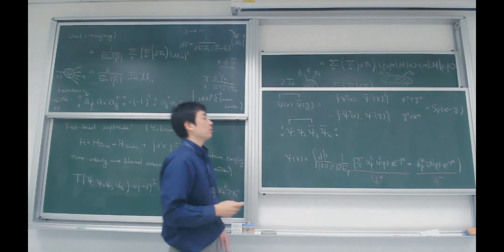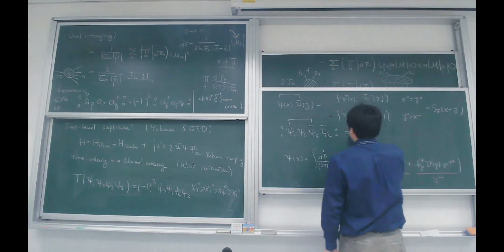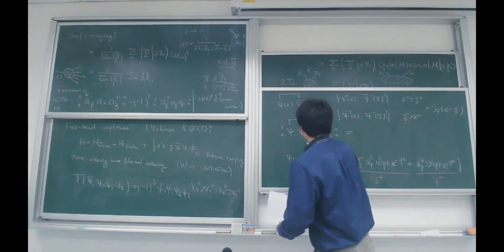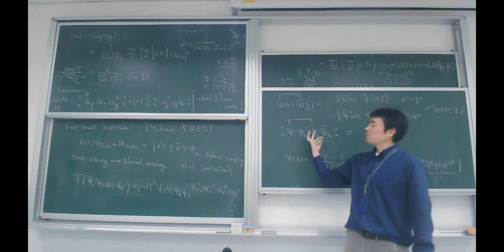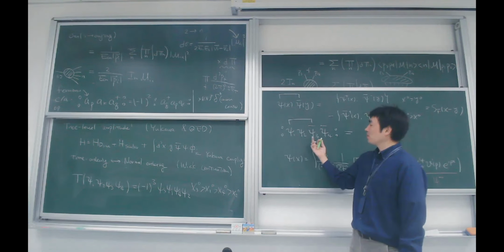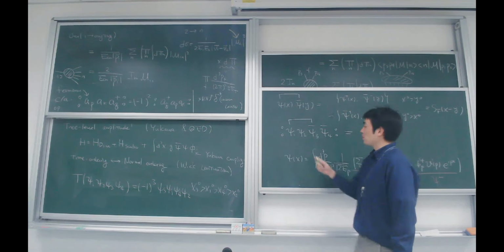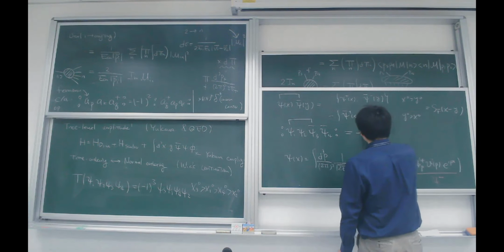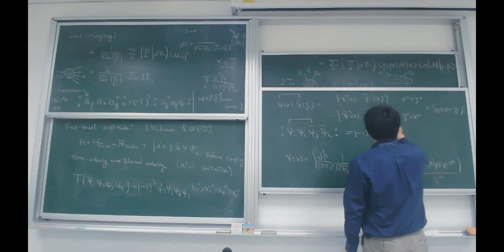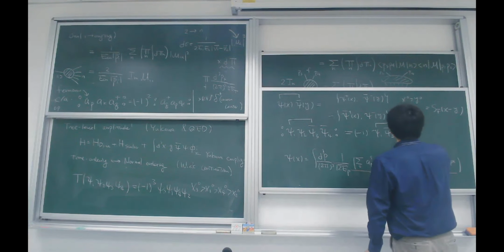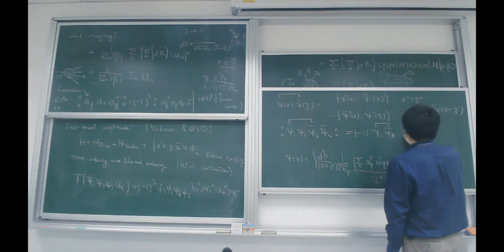The difference from scalar theory is that you always bring this one out of the normal order, which means that psi 2 and psi 3 need to be swapped. So therefore, a minus sign will come. And psi 1, psi 3 we contract, and normal ordering psi 2, psi 4.